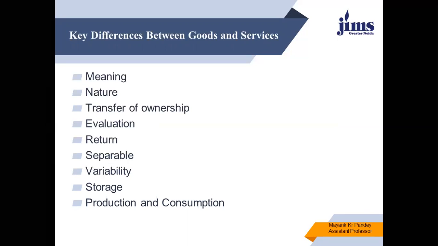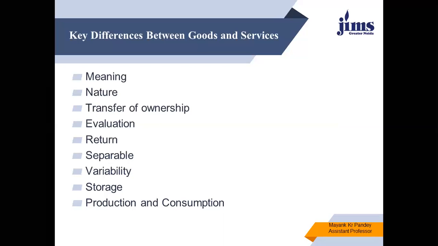Why do we need to differentiate? Because being budding managers, you will have to formulate certain strategies to deal with either goods or services. If you are going to formulate any strategy to deal with goods, you will have to keep some bullet points related to goods in mind.